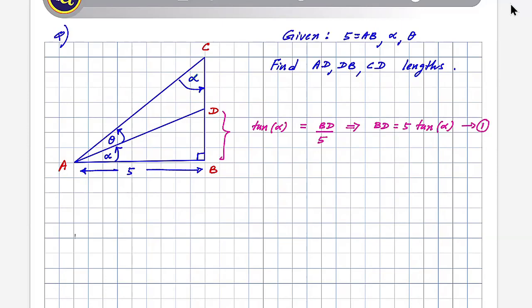Now, I'm going to get this guy now. That guy I can get using cos alpha. What is my cos alpha? Cos alpha is equal to 5 divided by AD.